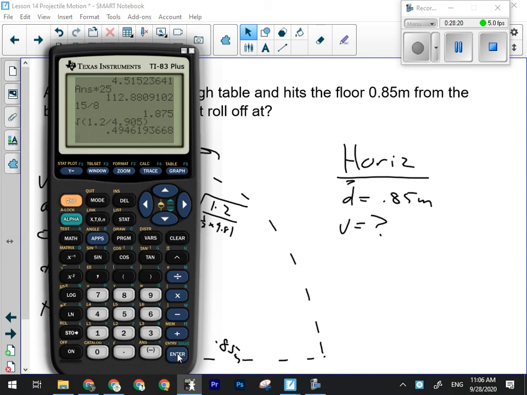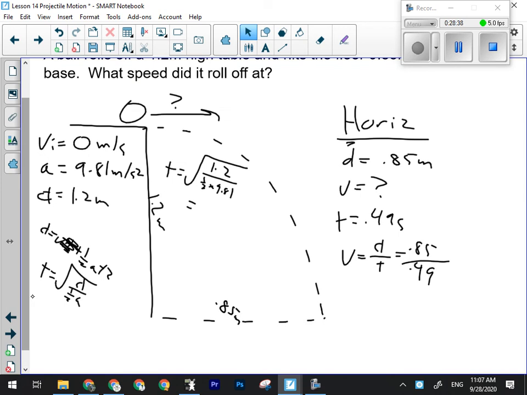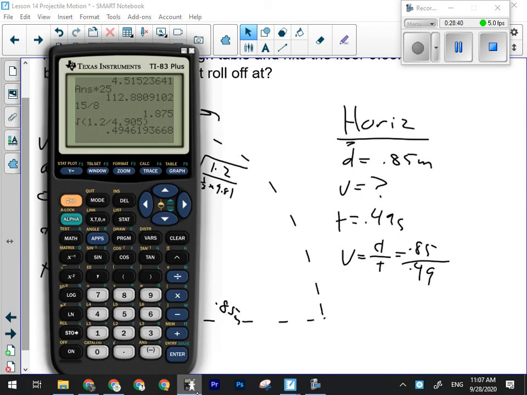We're looking at 0.49 seconds as our falling time. Then v equals d over t, 0.85 divided by 0.49, and that'll get us our horizontal velocity. So it rolled off the table at 1.7 meters per second.